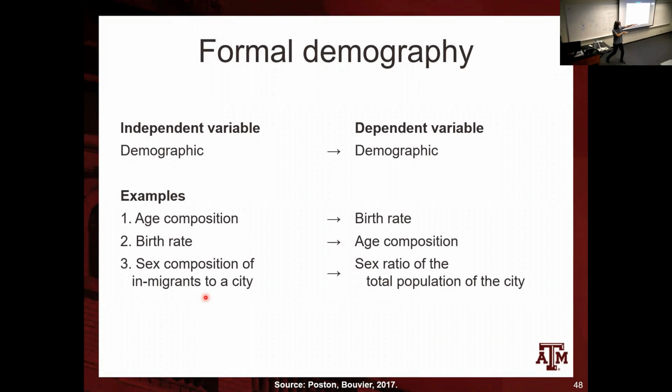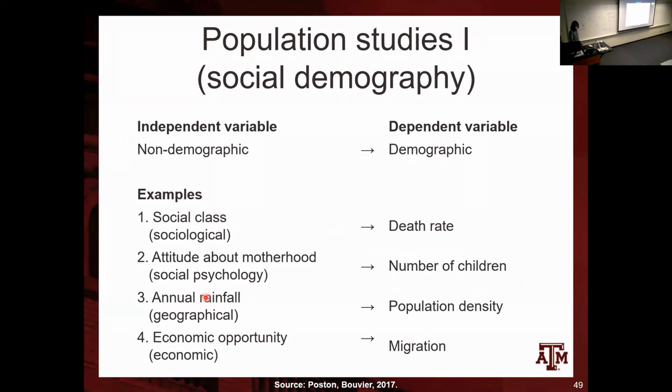When I get the whole population, men divided by women, it's the sex ratio of the overall population. What this analysis is saying is, if I have people moving to that city that are proportionally a lot of men, that will affect the overall sex ratio in that receiving city. Both of these indicators, both of these variables are demographic, so that's an example of a formal demographic study.